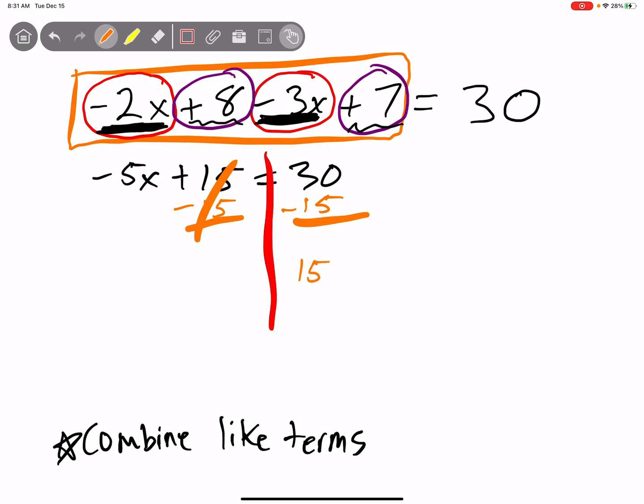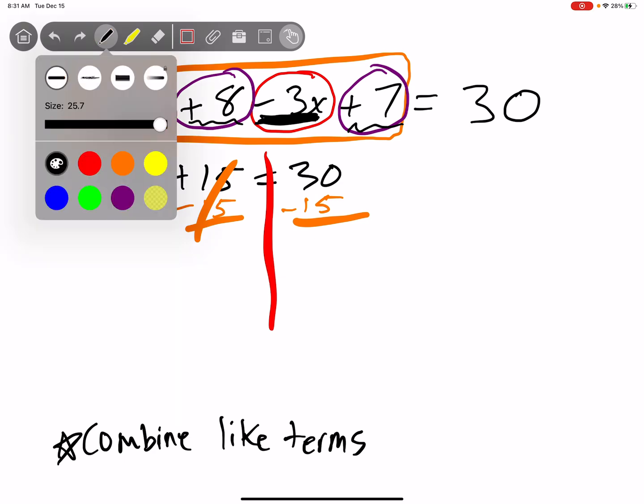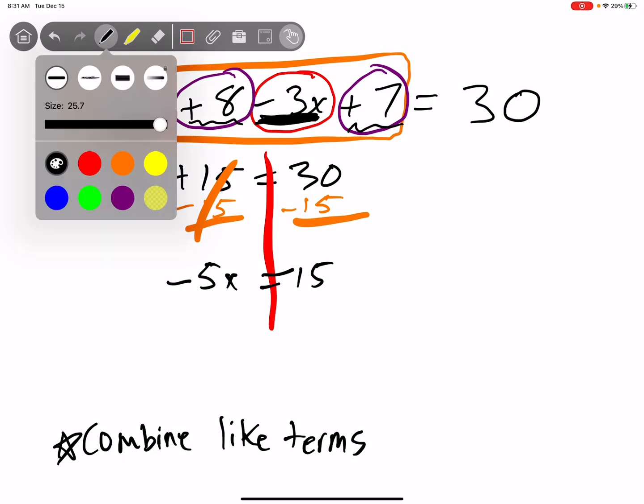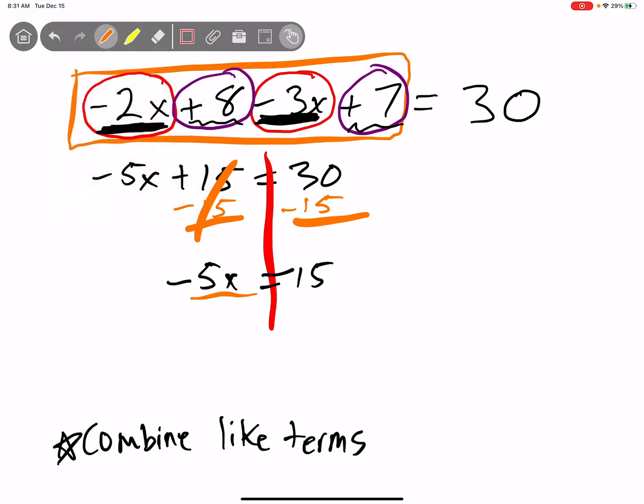I've got 15 equals negative 5x. Now I need to get rid of that negative 5, and since it's multiplication, we're going to do the inverse, which is division, and we're dividing by negative 5 so that we go straight to x, and x equals negative 3.